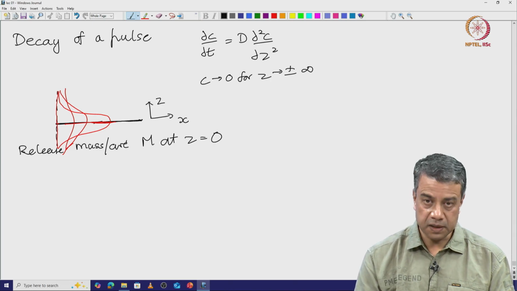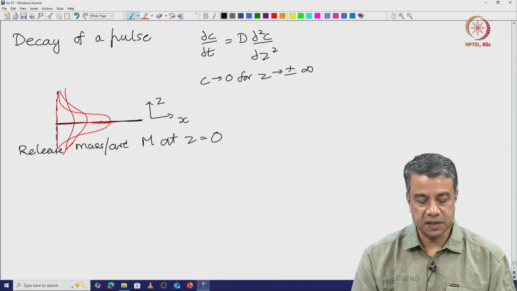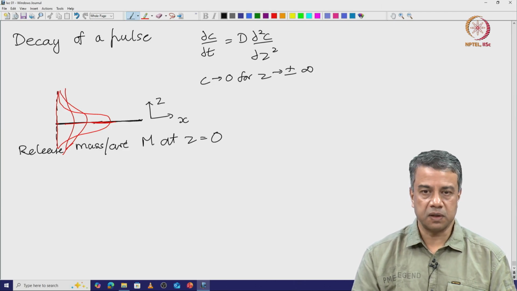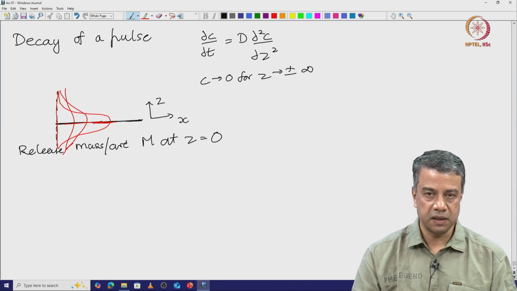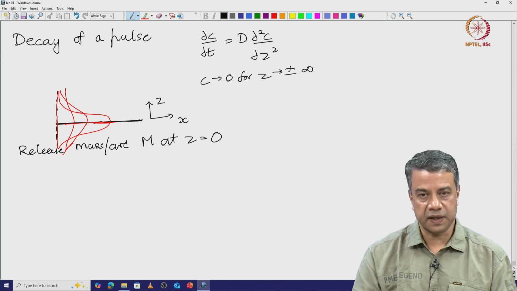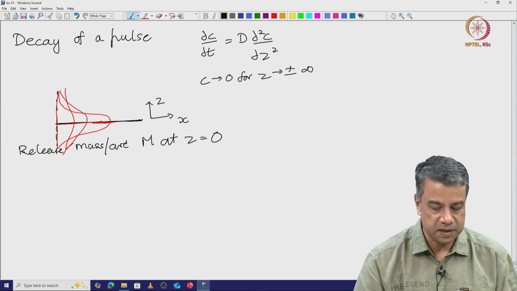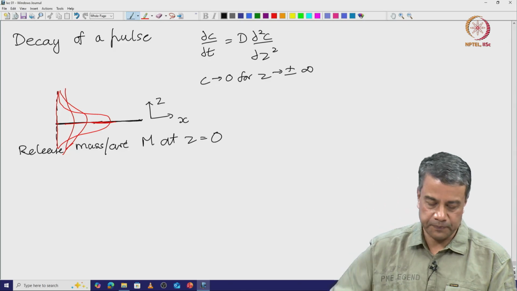However, there is one other condition here, and that is that the total mass released initially has to be the same as the mass at any instant of time.